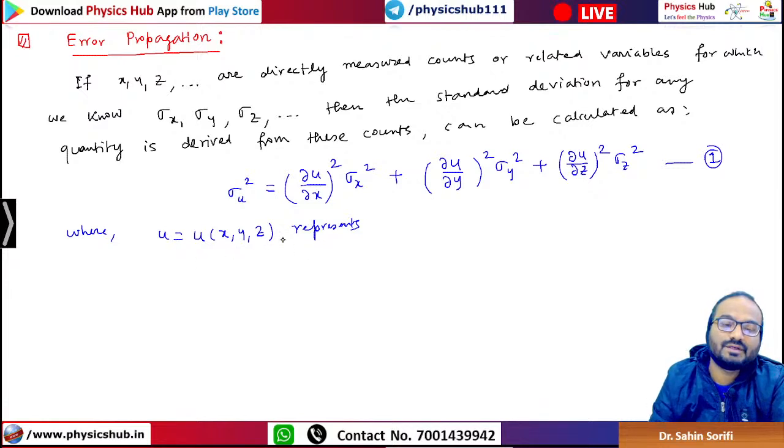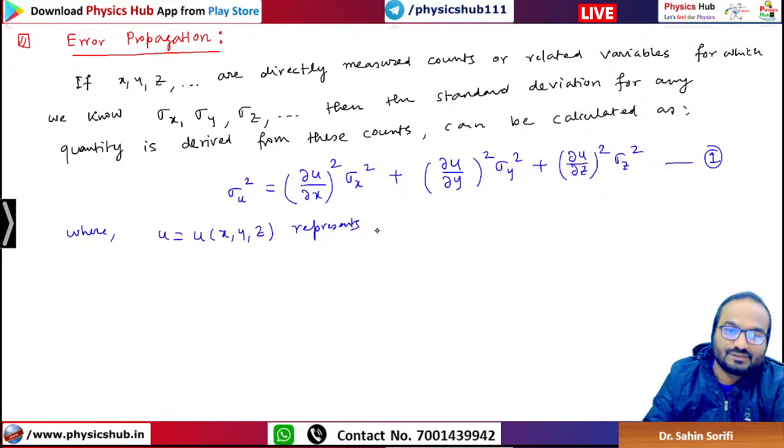If u is a function of more than 3 variables, then there will be similar terms in the addition.